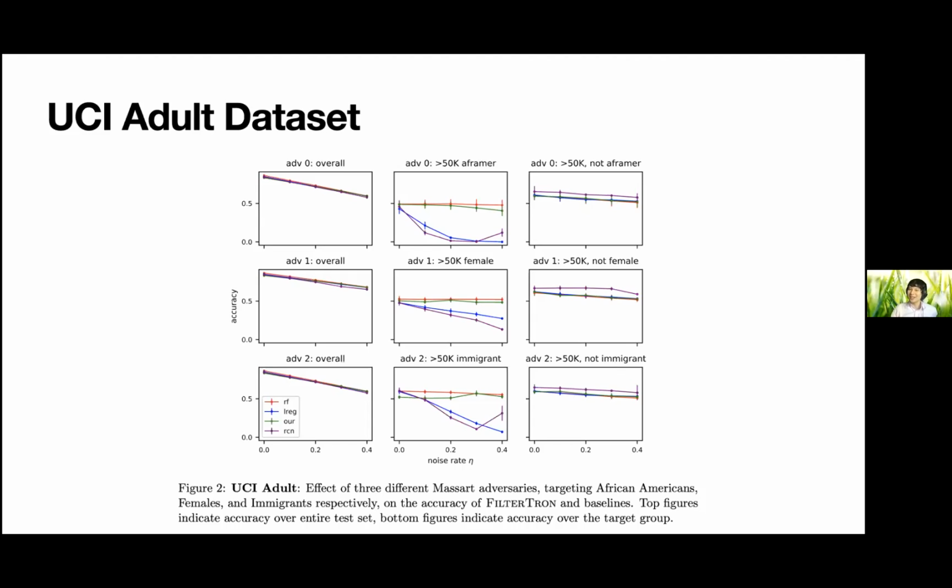But in the target group, the accuracy of logistic regression plummets. Whereas with the algorithm we propose in this paper, the algorithm for Massart noise, it maintains around the same accuracy level even as you increase the noise rate to be quite high.